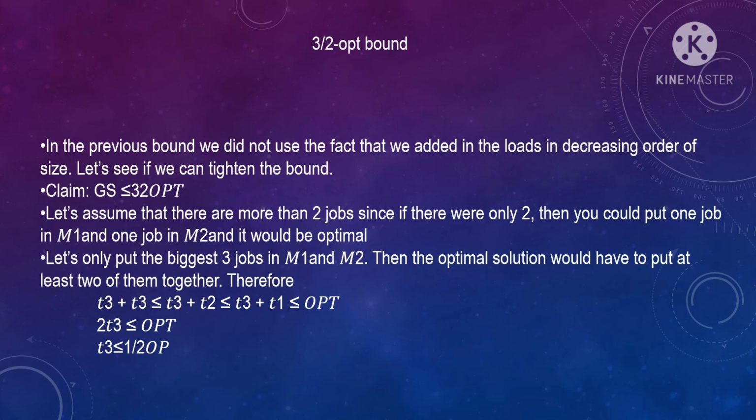Let's only put the biggest 3 jobs in M1 and M2, then the optimal solution will have to put at least 2 of them together. Therefore, T3 plus T3 is less than or equal to T3 plus T2, less than or equal to T3 plus T1, less than or equal to OPT. 2 T3 is less than or equal to OPT. T3 is less than or equal to 1/2 OPT.